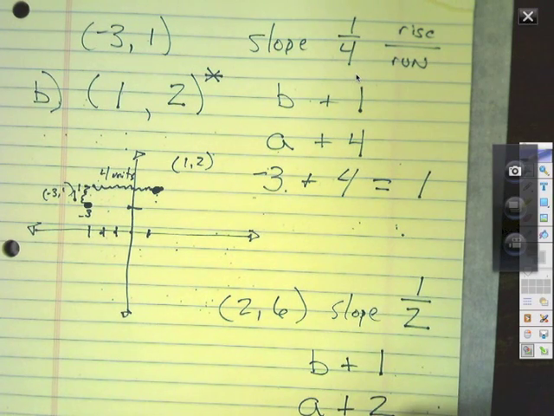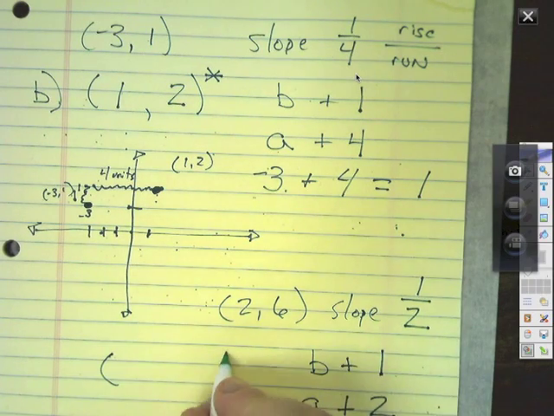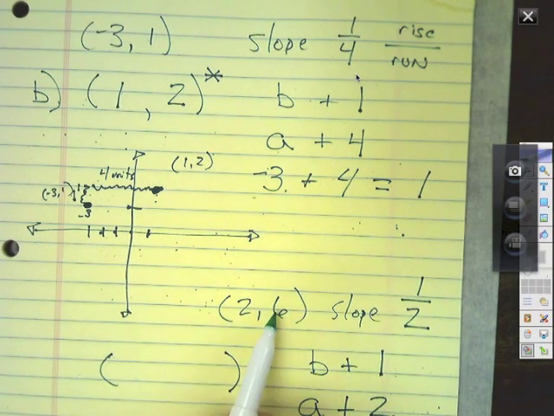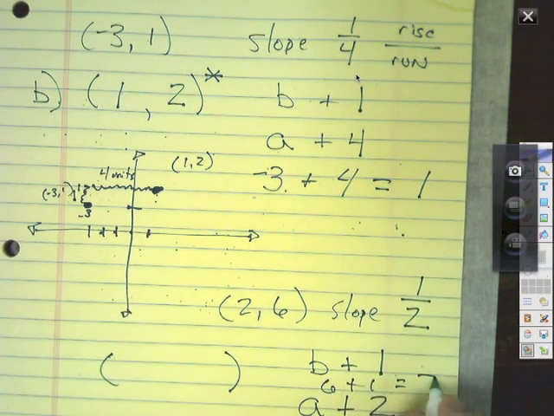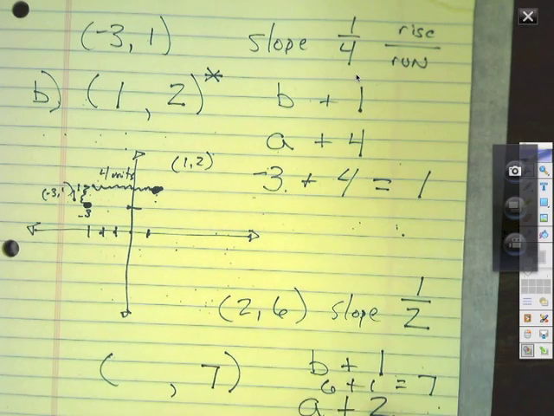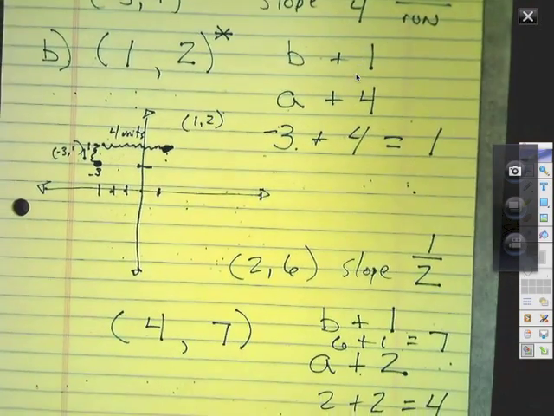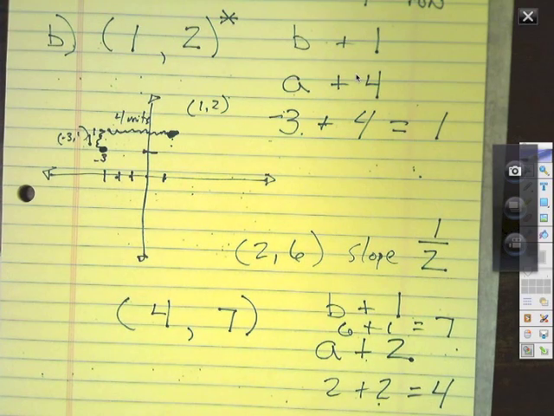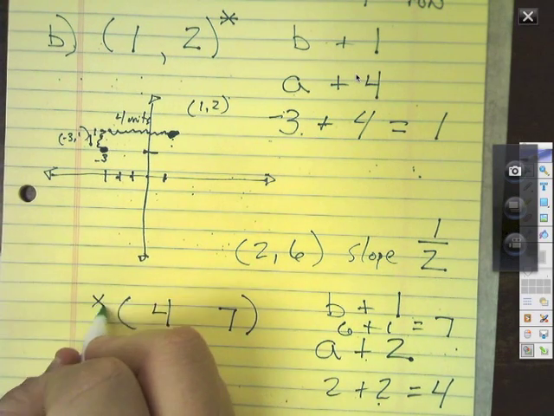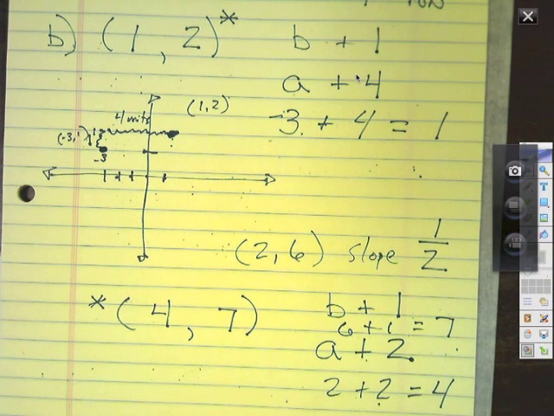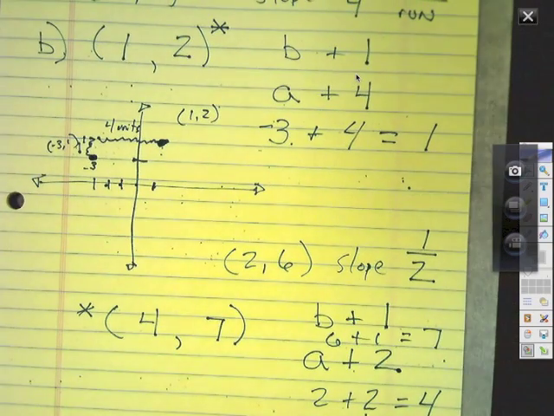So, I'm going to take B, I'm going to add 1, I'm going to take A, and I'm going to add 2. So, my new point is going to be 6 plus 1, 7. 2 plus 2, which is 4, is my new point that will fall in the line and share it with 2, 6.